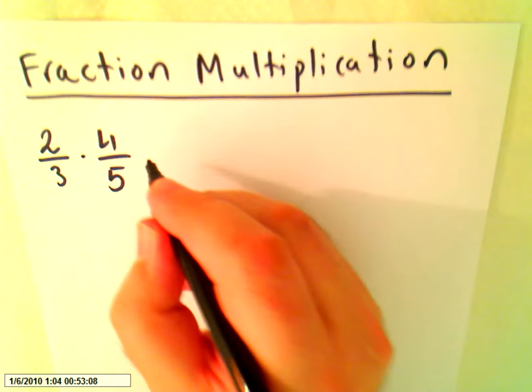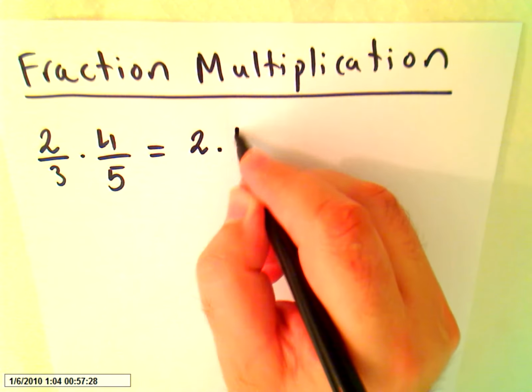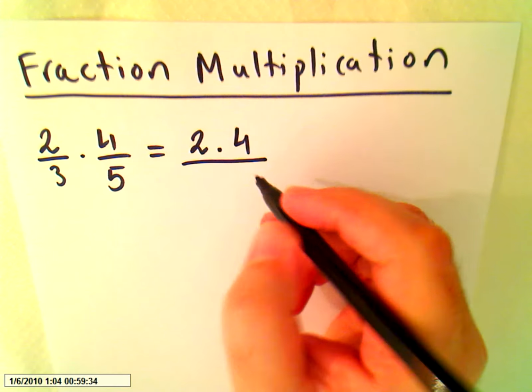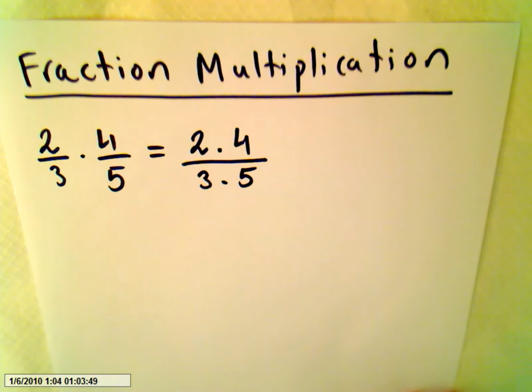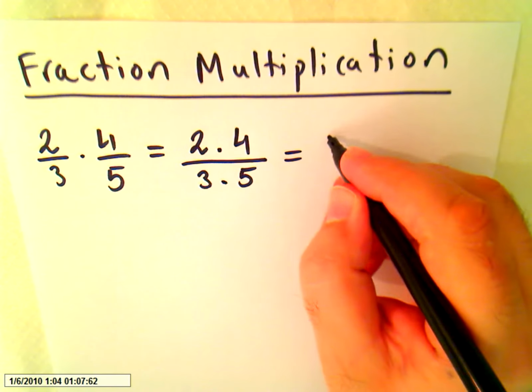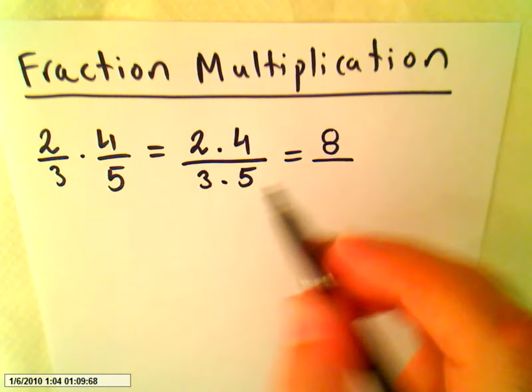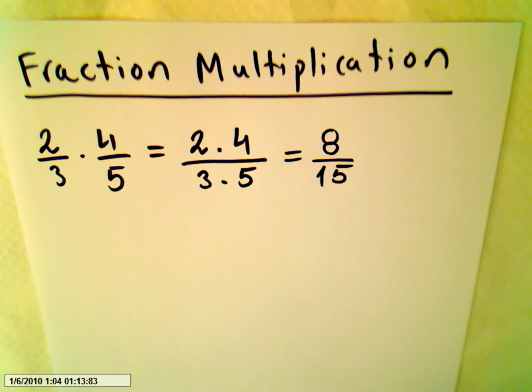So all we have to do here is to multiply 2 times 4 over 3 times 5. Okay, so now 2 times 4 equals 8, 3 times 5 equals 15. Okay, and your fraction is multiplied.